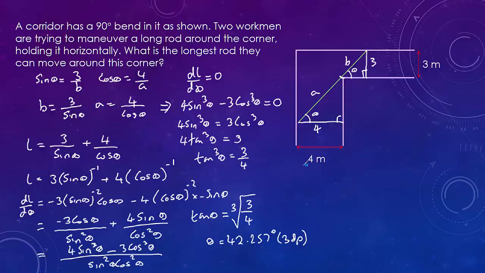And therefore, the length is going to be 3 over the sine of that angle plus 4 over the cosine of that angle.